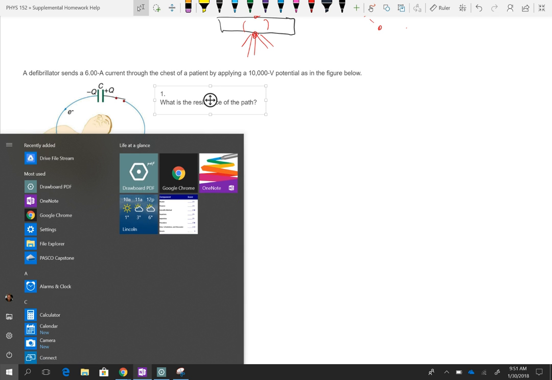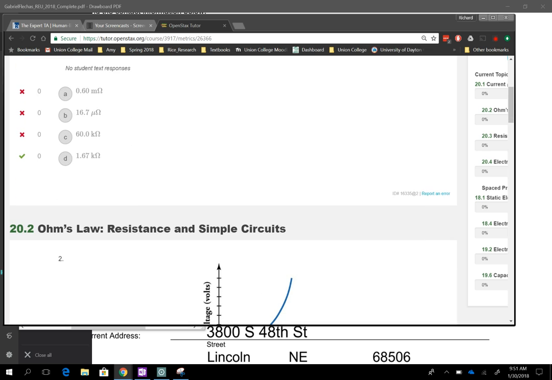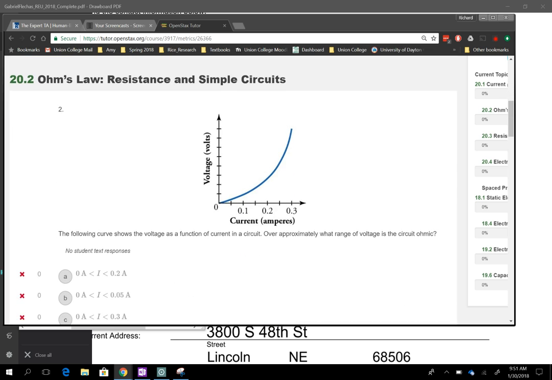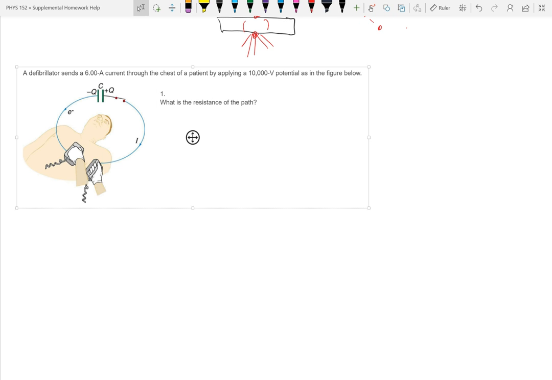I have V equals K times Q divided by R, but I don't think that's resistance yet. Okay, it's a very simple relationship.